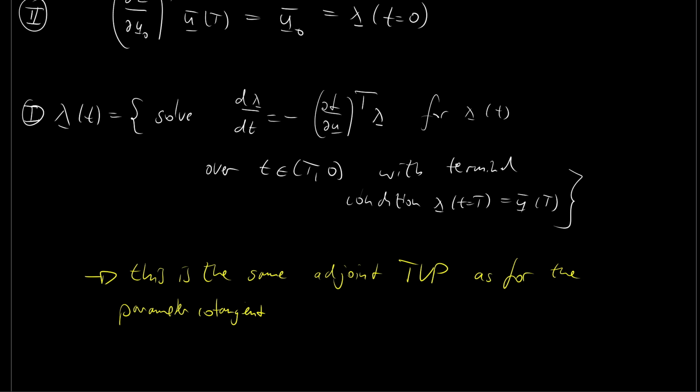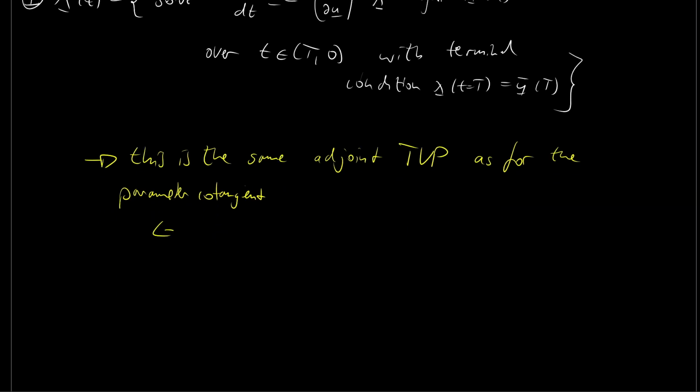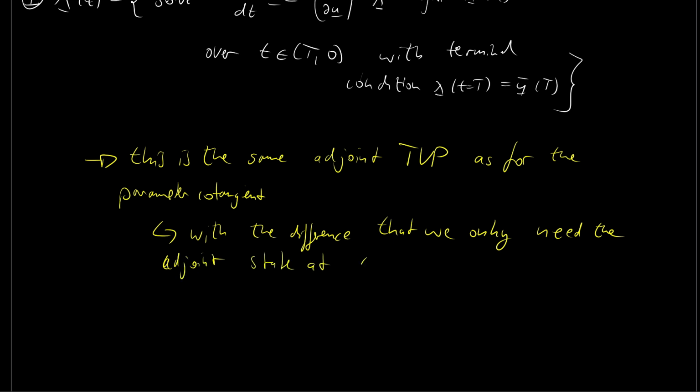So the two cotangents on parameter and the initial condition, which both have auxiliary ODEs, we will soon see that the final time contribution is rather trivial, but those share the same ODE. And this is maybe philosophically expected here, but nevertheless. So this is the same adjoint terminal value problem as for the parameter cotangent, and now crucially, with the difference that we only need the adjoint state at t equals 0 to get the cotangent on the initial condition.